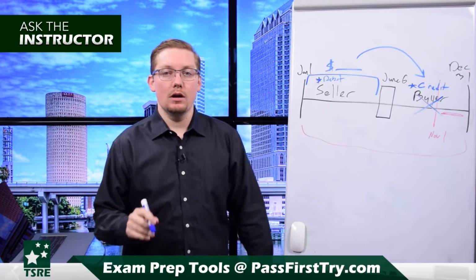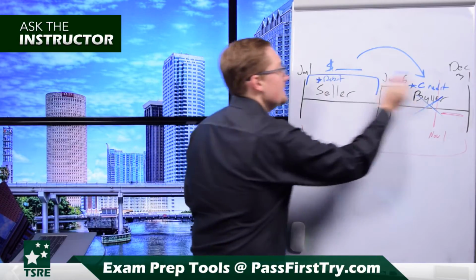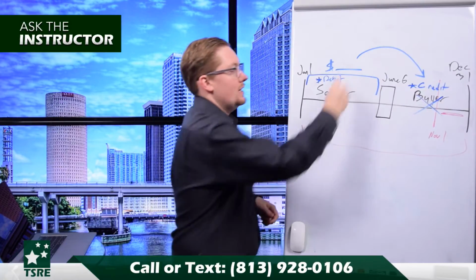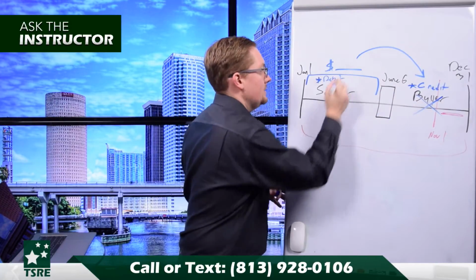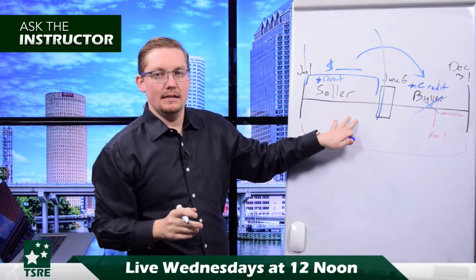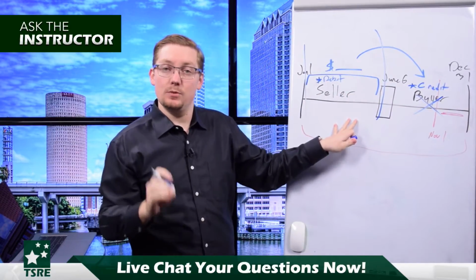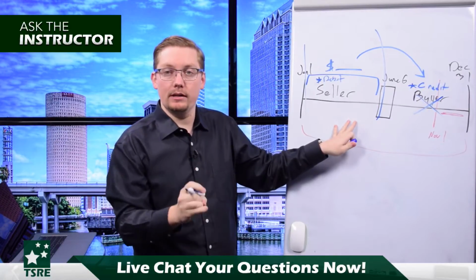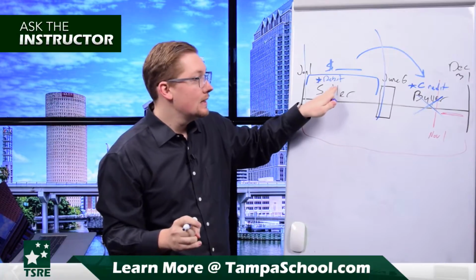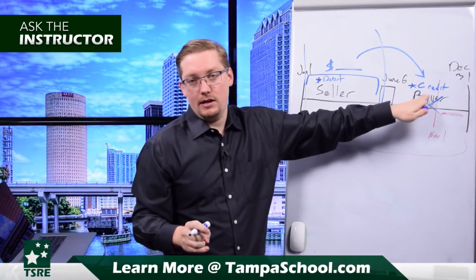Another thing you want to look for is that these dollar amounts should be equal. Remember, we're just calculating the transfer of money. This is the dollar amount we're calculating for that time period. That's the only dollar amount we care about because that's what's going to go on the closing statement. It's going to say that the seller pays that, is debited that, and then the buyer receives that, is credited that.